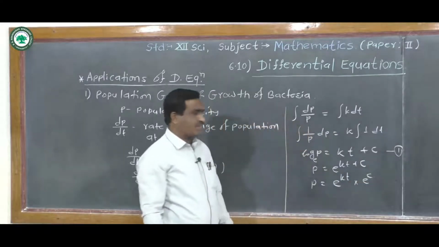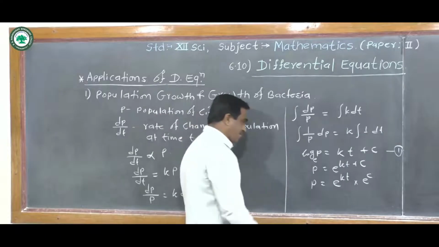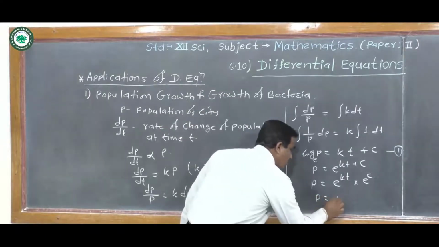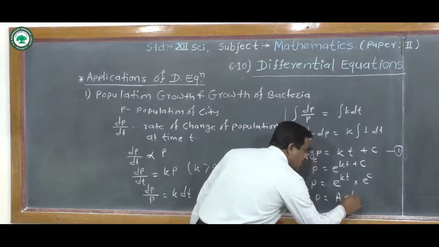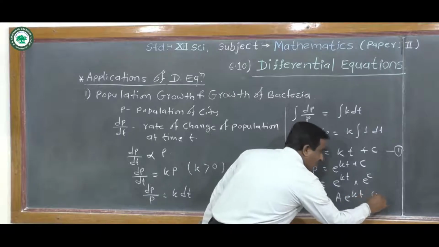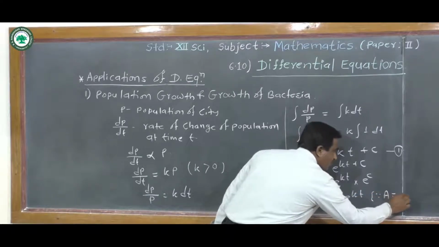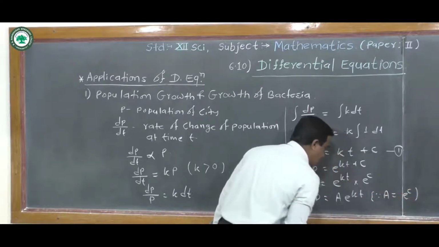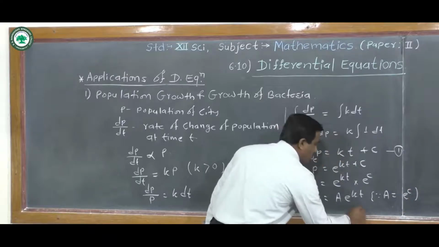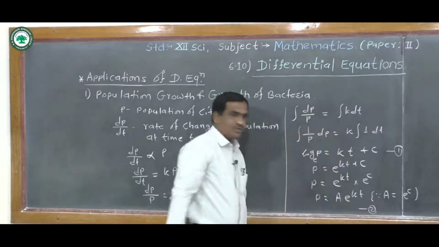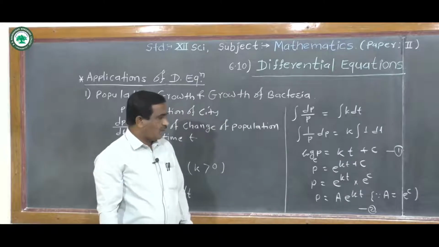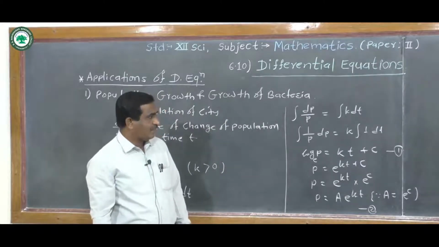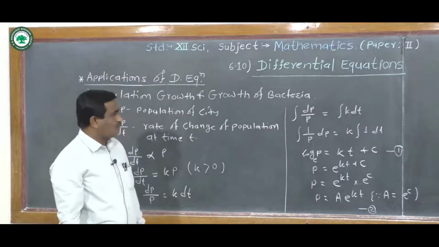Now e raised to c is a constant term, say a. Then we can write P is equal to a into e raised to kt, where a is equal to e raised to c. Using this equation also, we can find the population of that city. This is called the growth law.